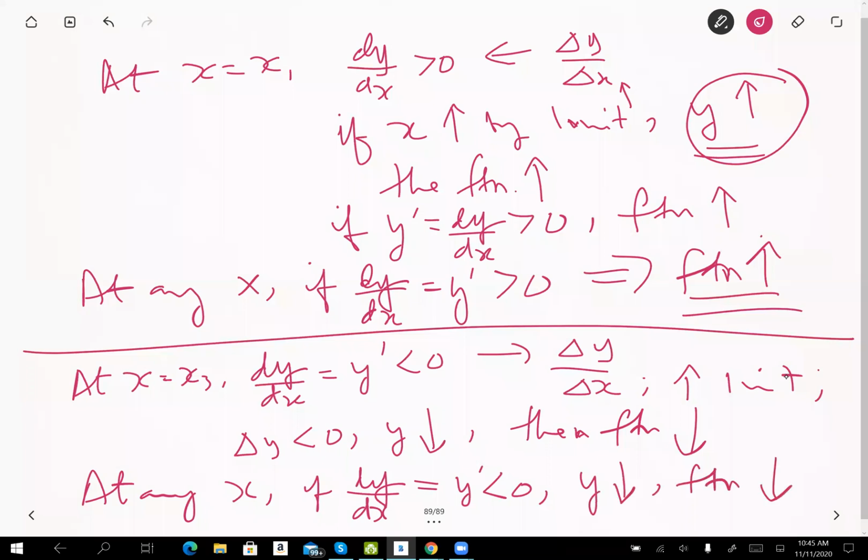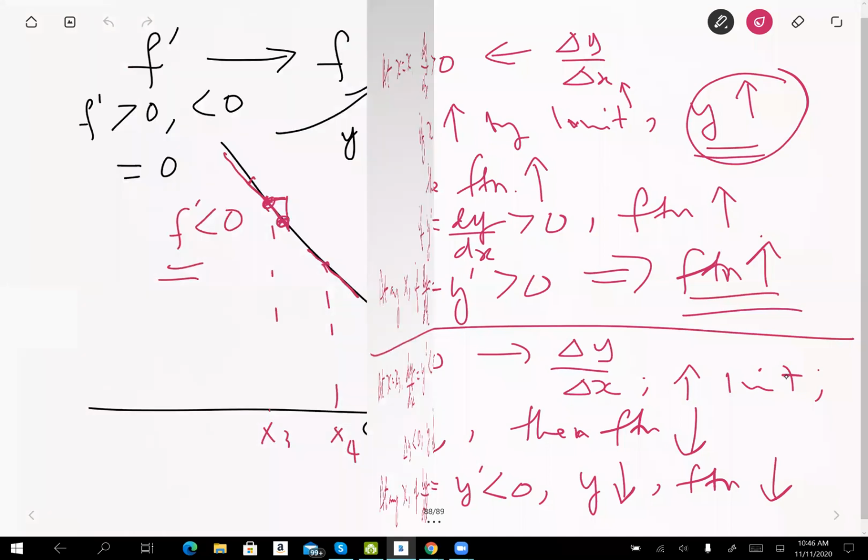So a negative slope at any point indicates the function is going down. A positive slope at any point indicates that for an increase in x, the function is going up. Any question about that? Because this is a very basic and important relationship.